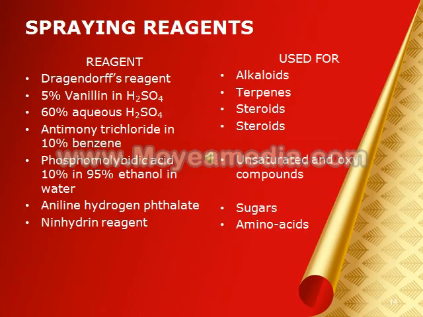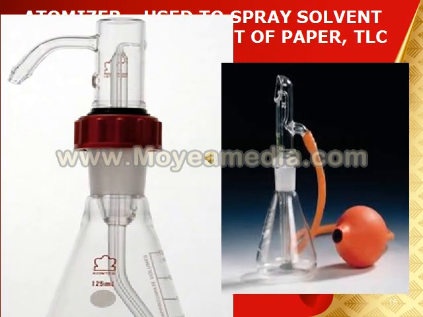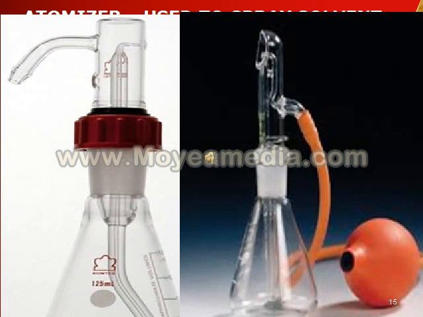These are some of the spraying reagents, as I've already told you, for alkaloids, terpenoids, steroids, unsaturated and oxy compounds, sugars, amino acids. Every compound has a specific spraying reagent, and this is the list of that. As you all can see, this is the atomizer in which the spraying solvent is filled, and then we spray on the paper as well as the TLC.